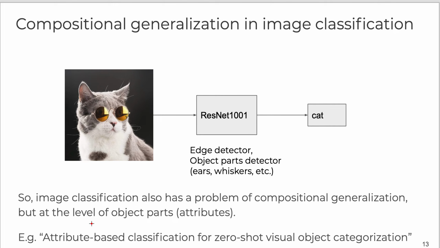So, for example, this attribute-based representation of images can make it possible to make predictions for unseen classes based on attributes, which is very interesting.